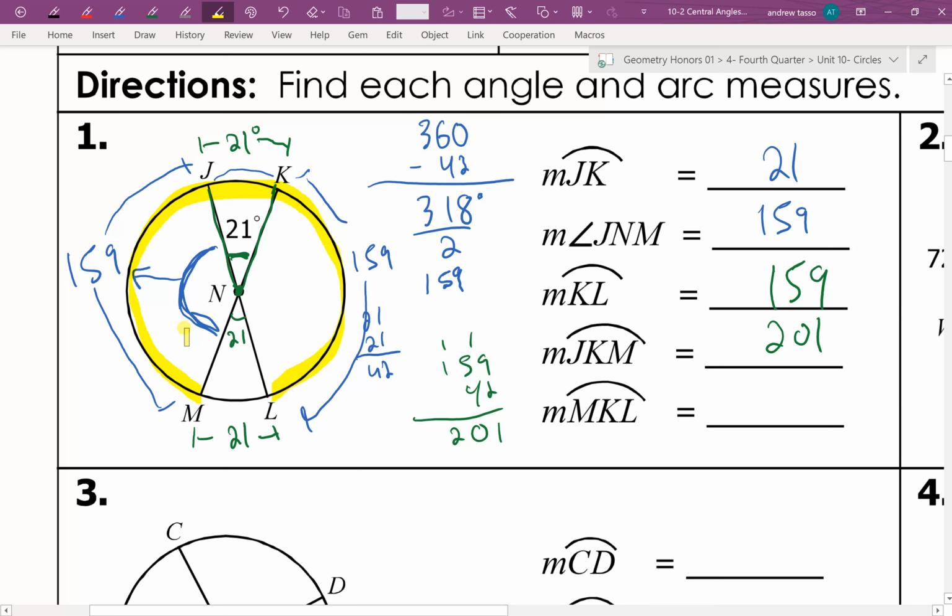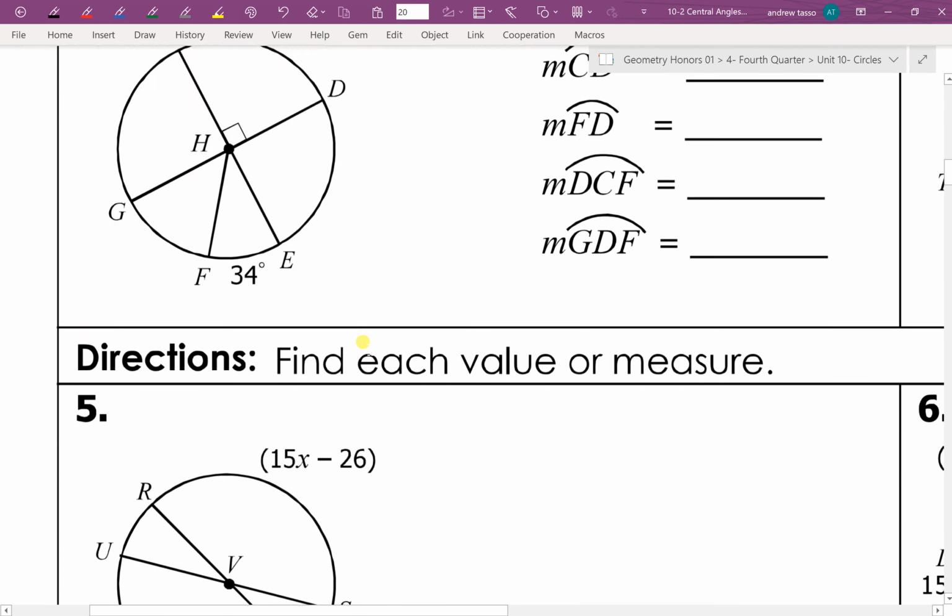So an arc should never be more than a full circle. So I know the correct direction would be to go this way, MKL. Okay? So notice that this spans all the way around the circle except for this 21-degree section. So that means it's really going to be 360 subtract the 21 degrees that it doesn't hit. So that's going to be 339 for that arc. Okay? Let's move on to the next one.